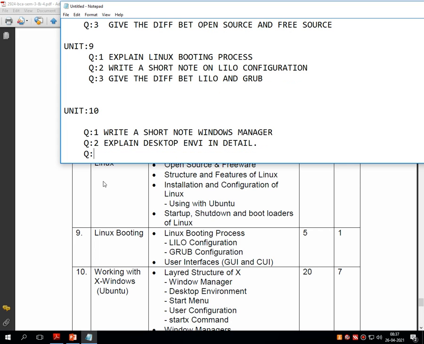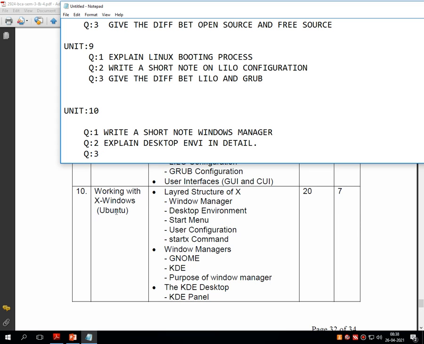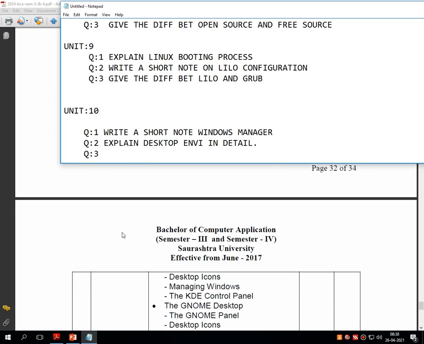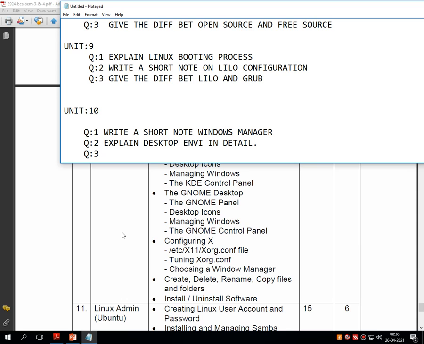Question number 3. Explain various installation ways in Linux.